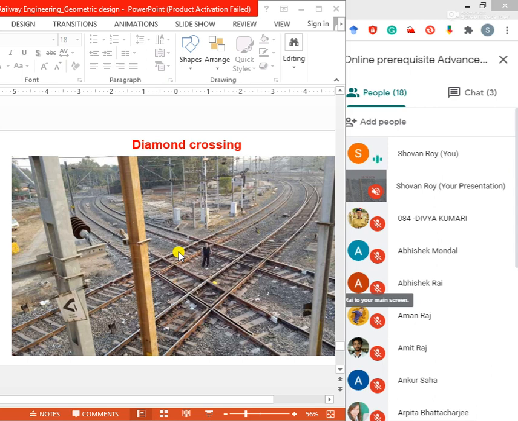You should follow the book. Okay, it is already given in the book with pictures.